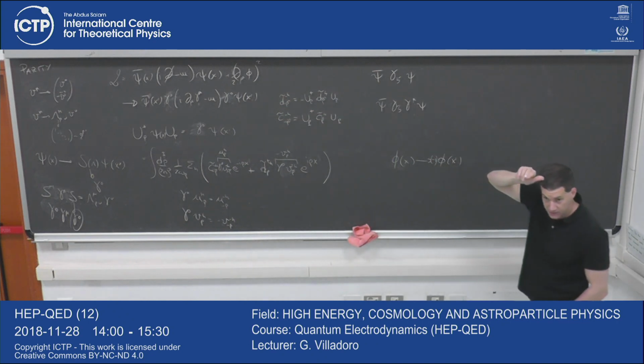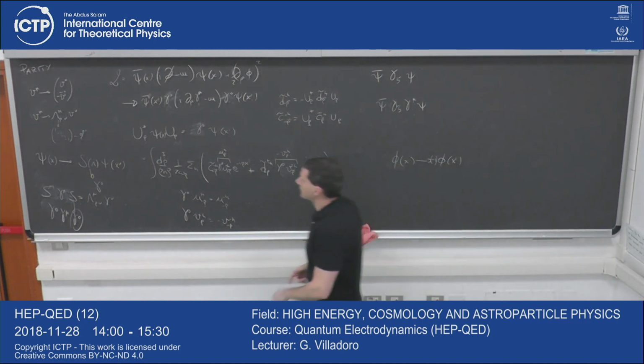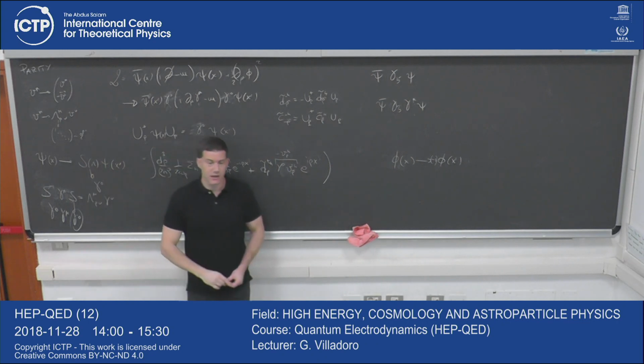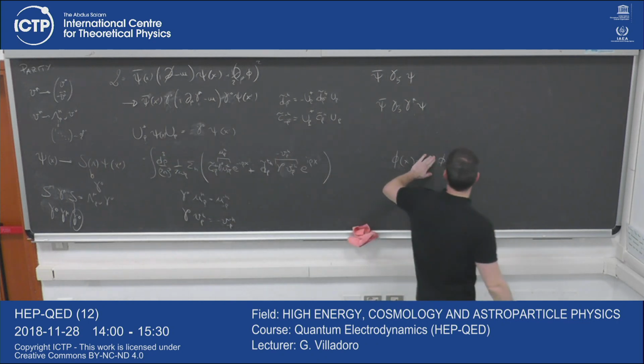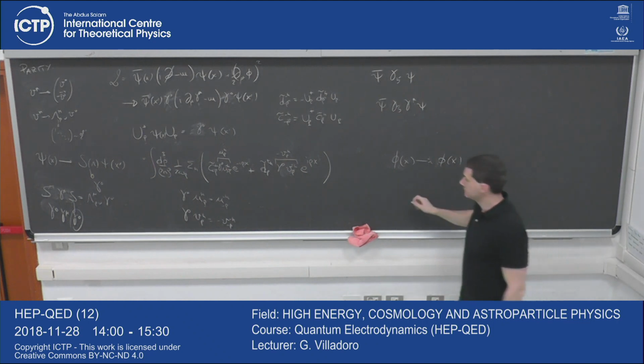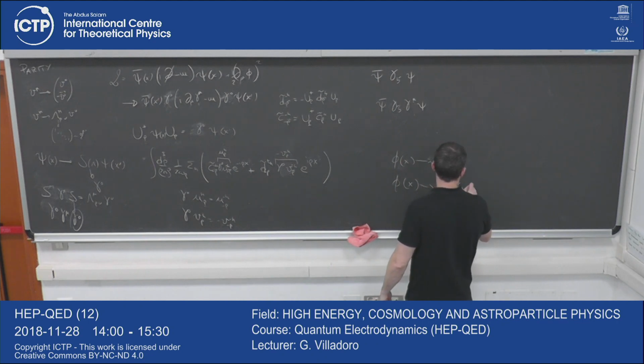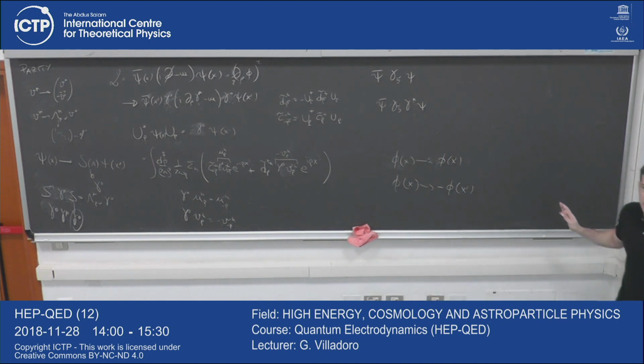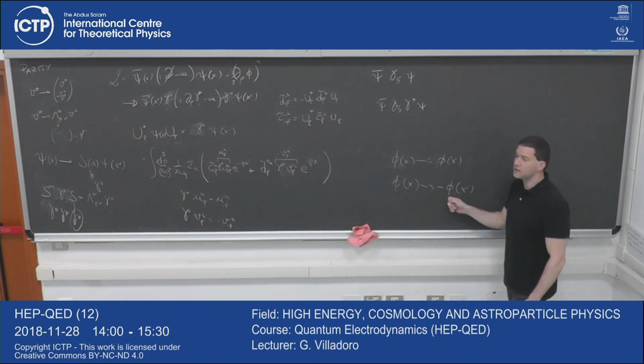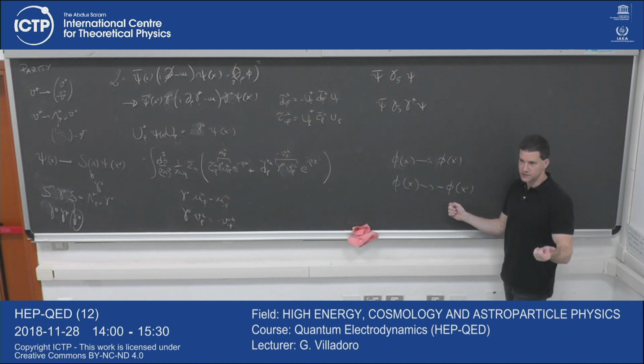This theory is invariant under parity, where parity acts this way on the fermion, and acts either this way on the scalar, or this way on the scalar. In both cases, the theory is parity invariant. Okay? The difference between this and this is that in this case I'm doing parity, and in this case I'm doing parity and an extra Z2 symmetry, you remember, the phi to minus phi transformation. So I have two symmetries, parity, and this is Z2.